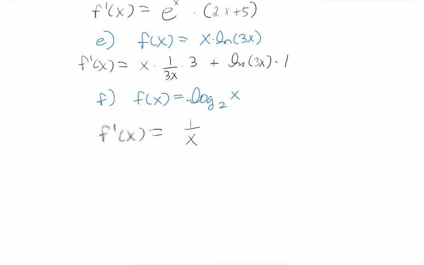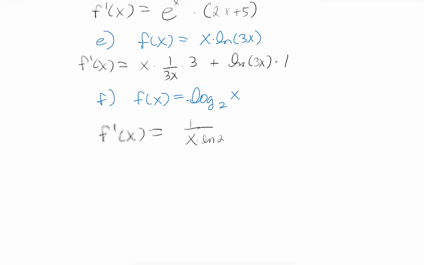But when it is a log base 2 and not a natural log, just multiply that by the natural log of whatever that base is. That's the only difference, okay? So it's 1 over x times the natural log of 2. If this base here was a 7, it'd be the natural log of 7. If this base here was a 10, it's the natural log of 10. And it all comes from the change of base formula. That's where it comes from, okay?